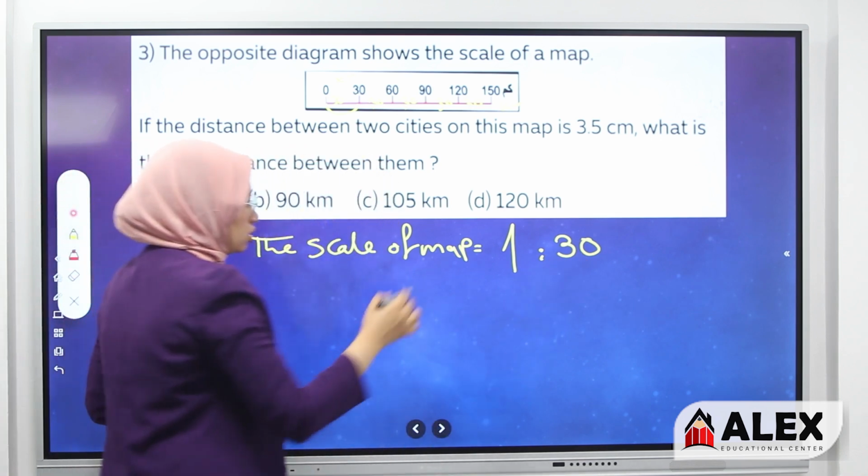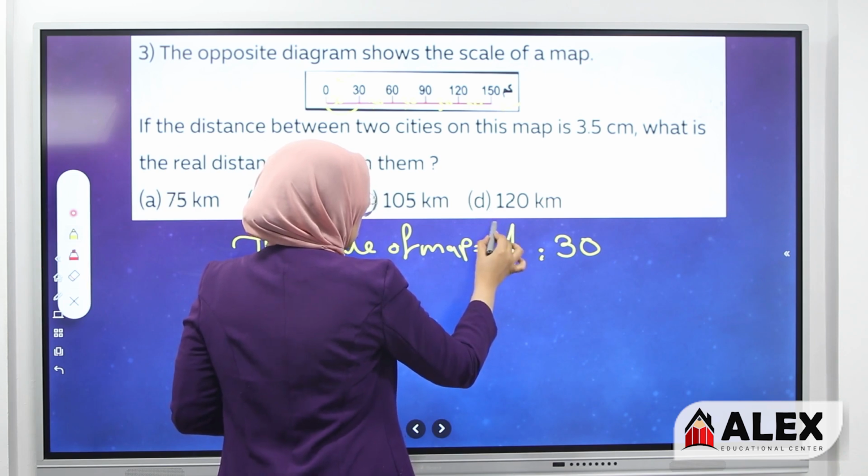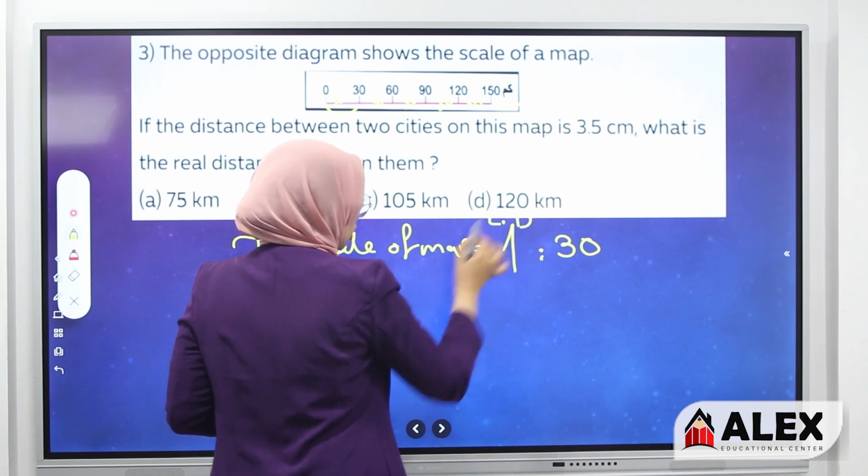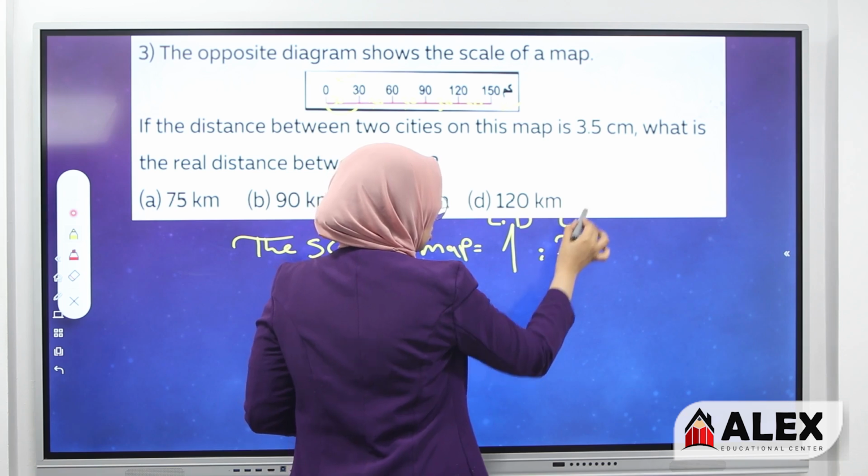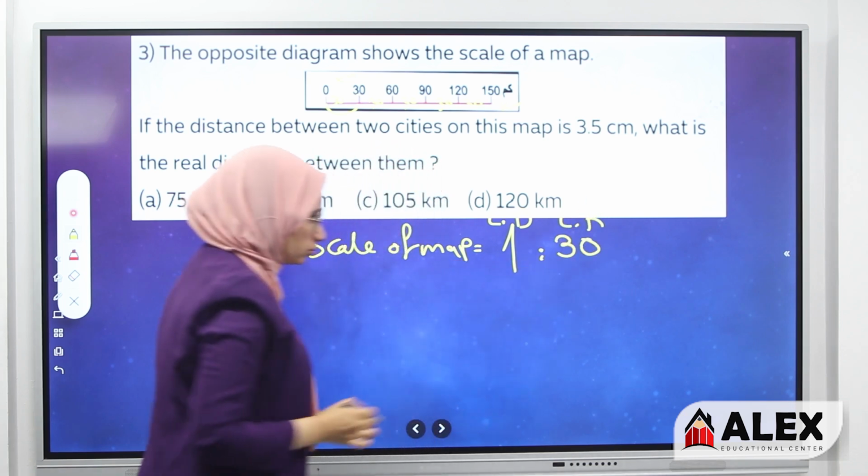Okay, this is the length of the drawing and this is the length of reality.